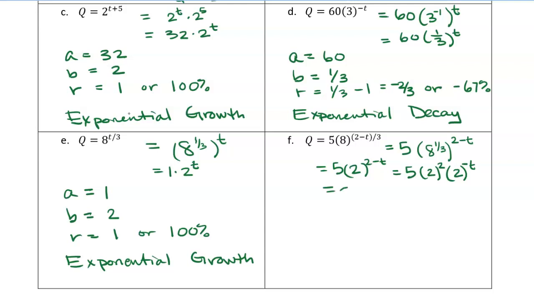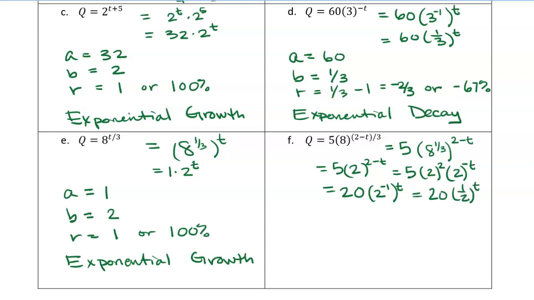So this becomes 20. Then I can do something similar to what I did in part D, and write 2 to the minus 1 to the t to get rid of that negative t. And 2 to the minus 1 is a half. So I have 20 times 1/2 to the t.